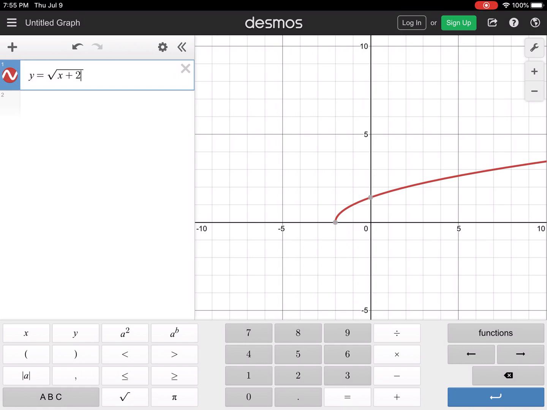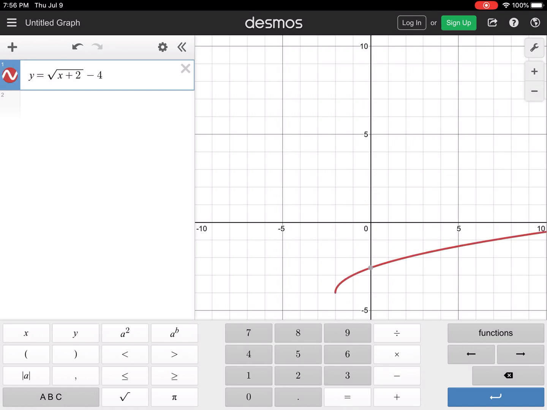How do we get out of this? I think it might be some type of space function here. There we go. So you press that arrow, and we've got minus 4.